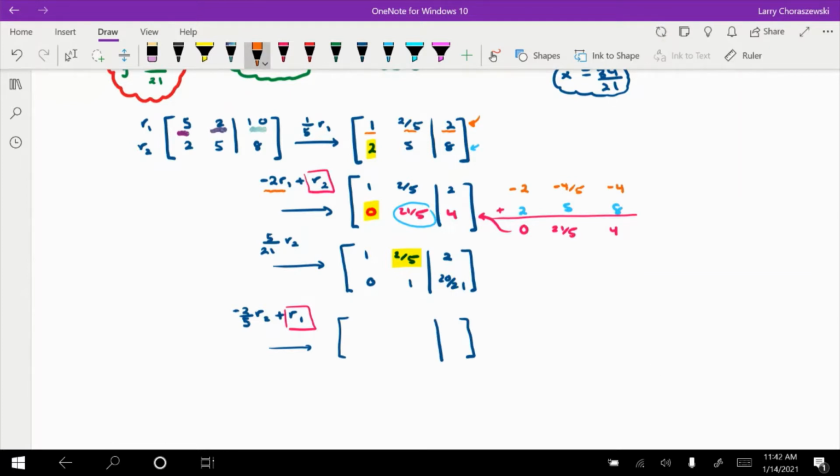Now, as with the last operation of this sort, it might be helpful to include some scratch work. -2/5 row 2 is going to look like 0, -2/5, and then we're going to have -40/105, and that reduces to -8/21.